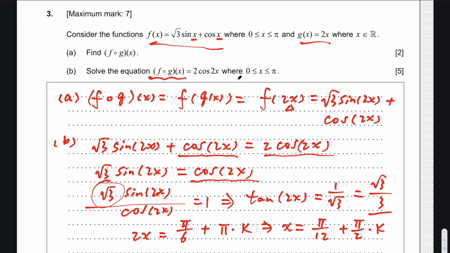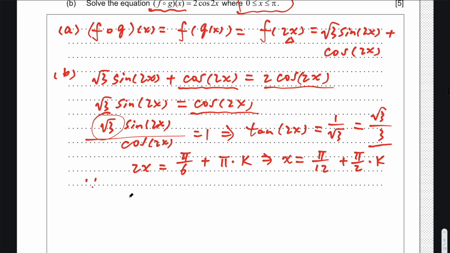Since we know that x is from 0 to pi, then that tells us x could either be when k equals 0, so x equals pi over 12, or if k is equal to 1, so this is pi over 12 plus pi over 2, that's 7 pi over 12.